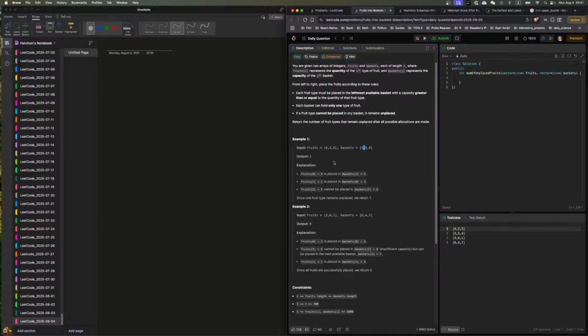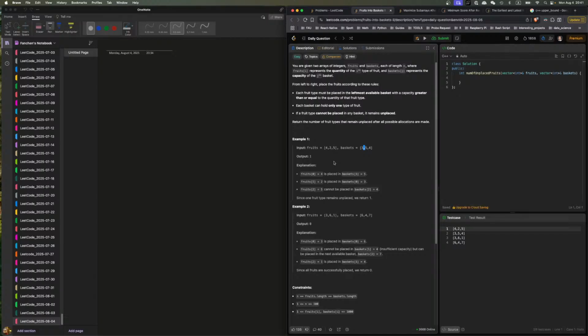I mean, if you have to go through the fruit also left to right, then there's basically no other way to do this. You have to go through the fruit left to right as well.